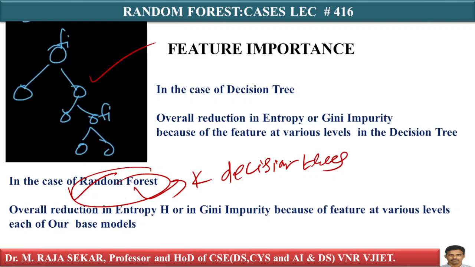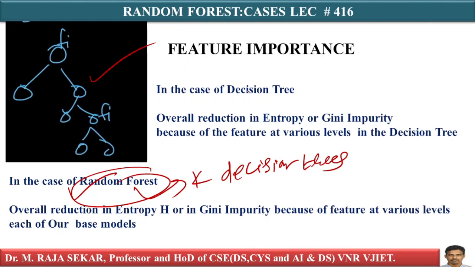So feature importance in decision tree and random forest are very similar, except that in the decision tree we are looking at reducing entropy or Gini impurity at various levels in a single decision tree.